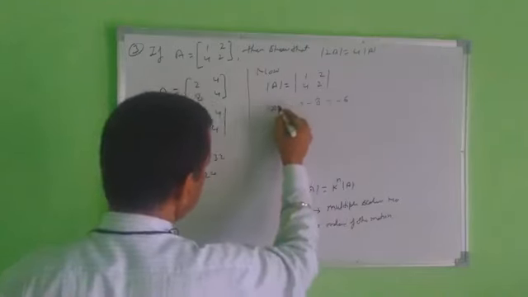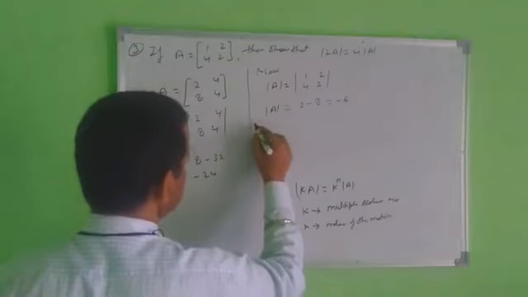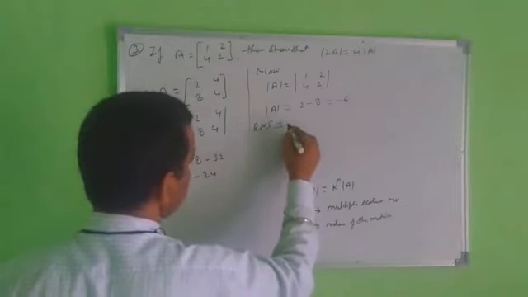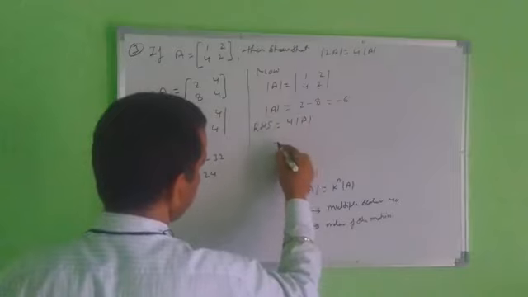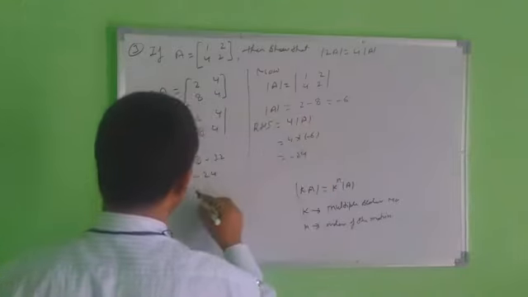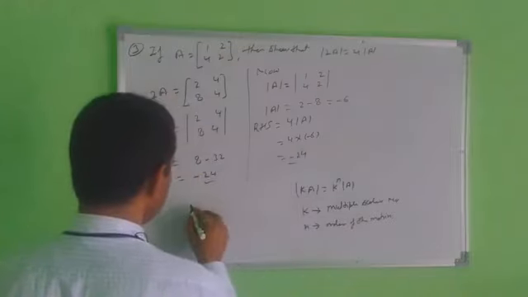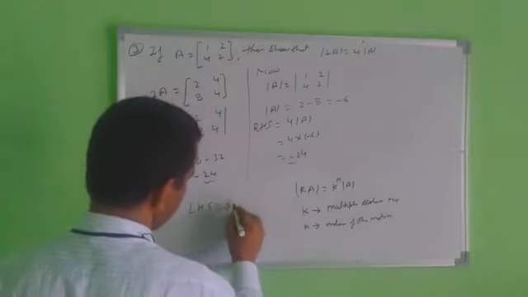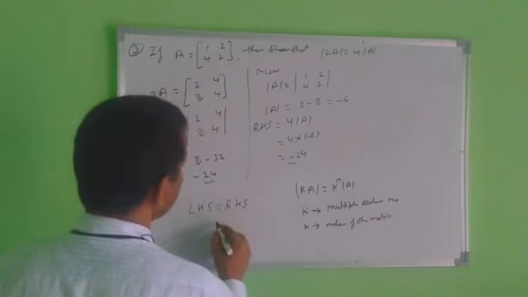The value of the determinant is minus 6. What is the RHS side here? The RHS is 4 times the determinant of A. When you multiply by minus 6, you get minus 24. So LHS equals RHS. Proved.